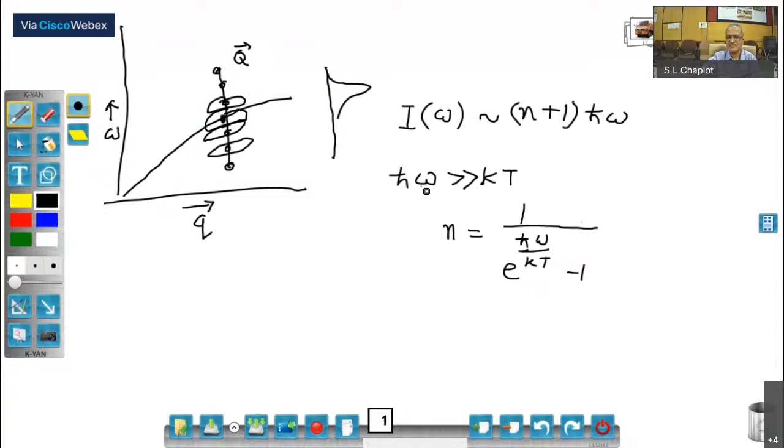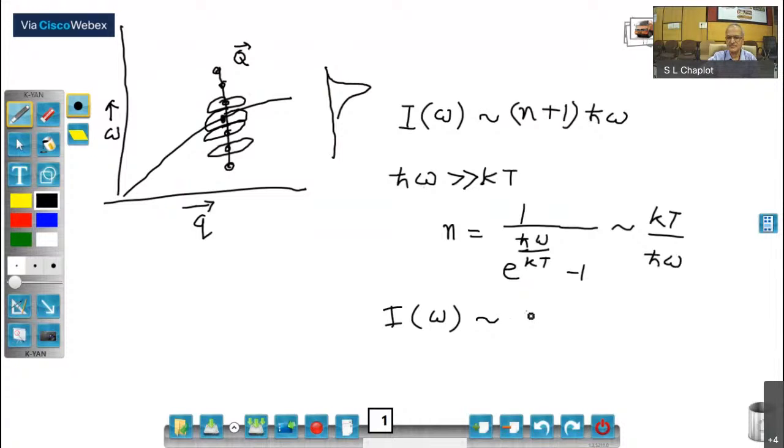If omega is small compared to kT, then this exponential should be 1 plus h cross omega upon kT, and the 1 would cancel. So that would be like kT over h cross omega.